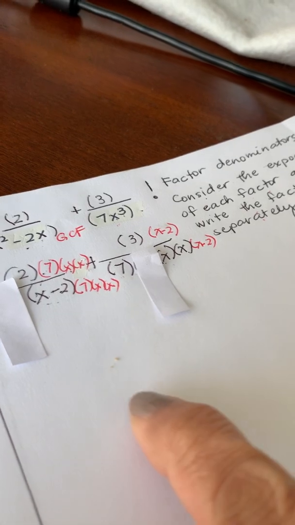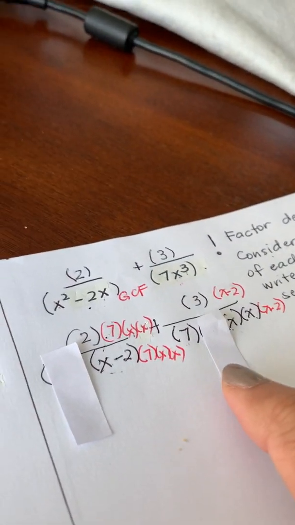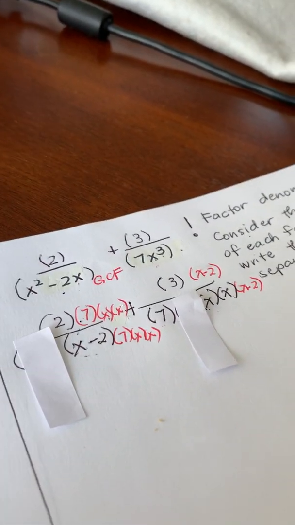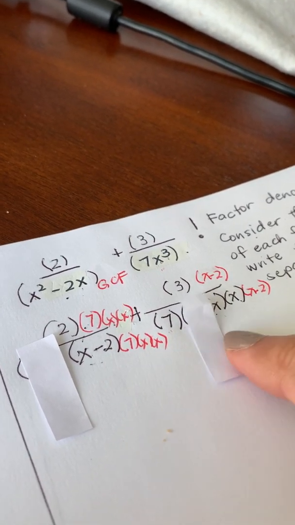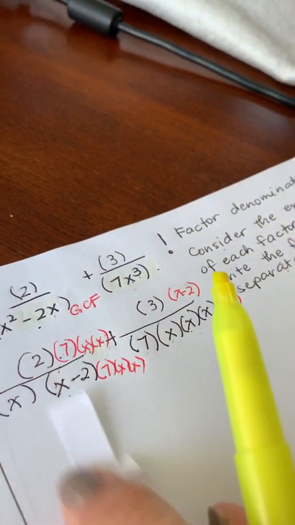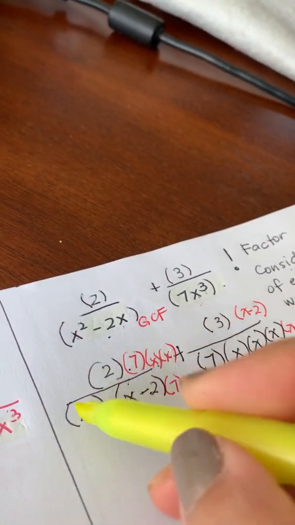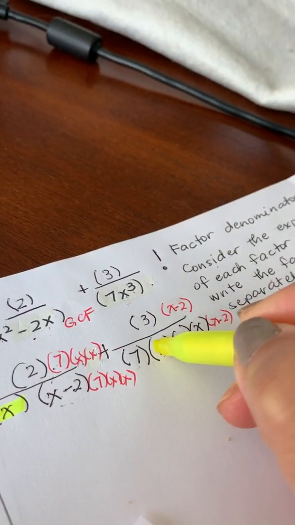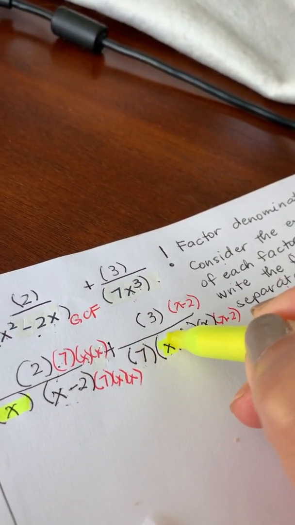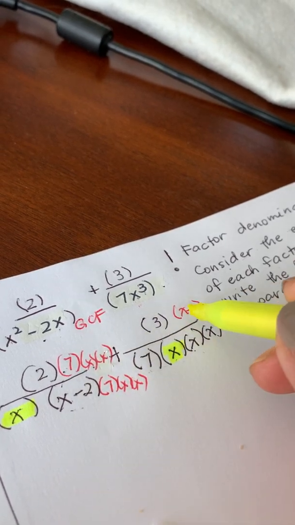Okay, so another strategy that you can use instead of really covering them like that, if you like, you can do that. But these pieces of paper are not always available. So you can just highlight this, okay, and that will tell you that that is common. And that will not be included in the multiplication anymore.